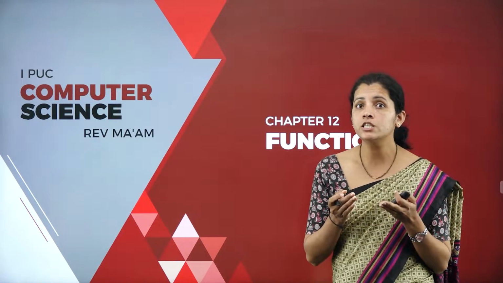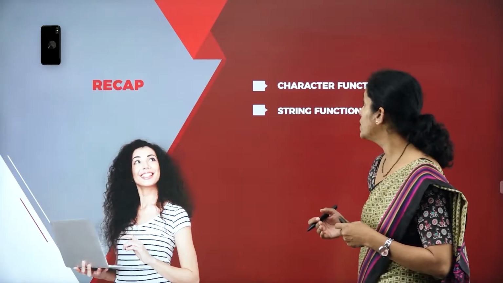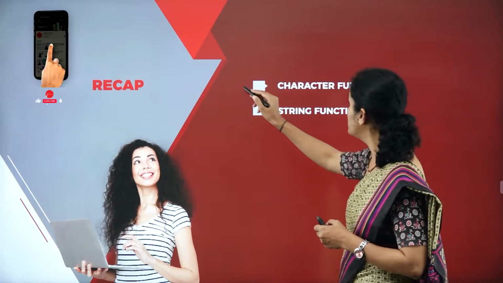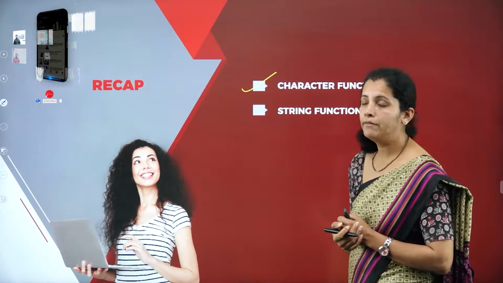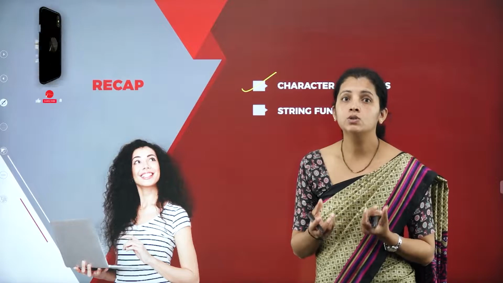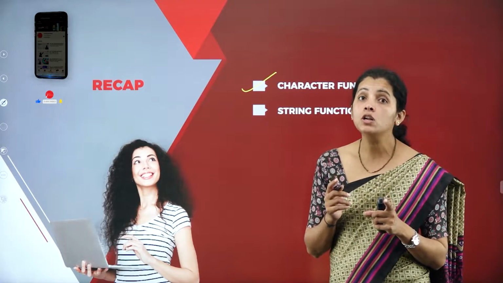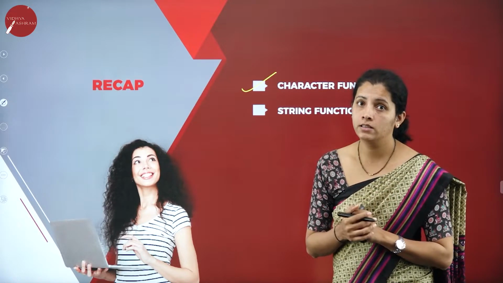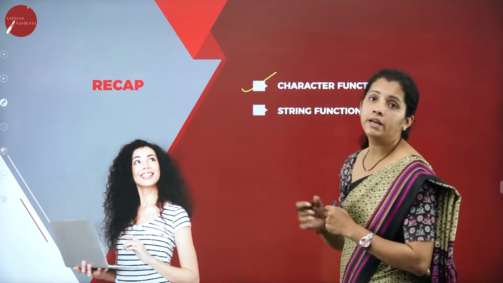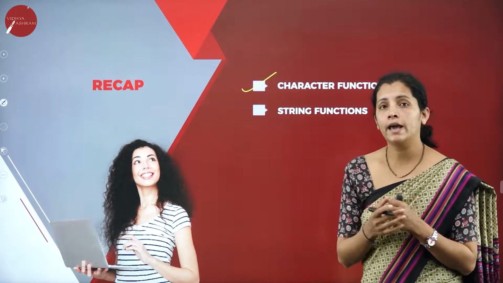In my last session of this chapter, I discussed the following topics. At the beginning, I started with character functions. So what is a character? Characters are nothing but a single alphabet or single character, and we discussed some of the functions which support characters.